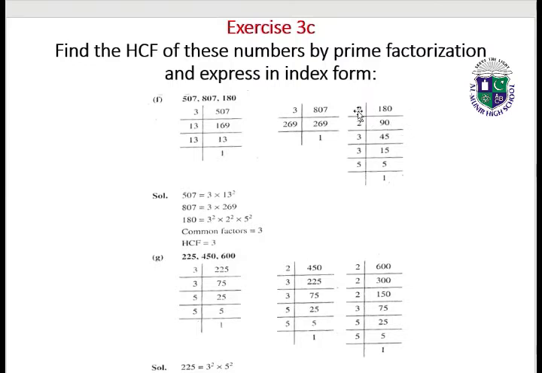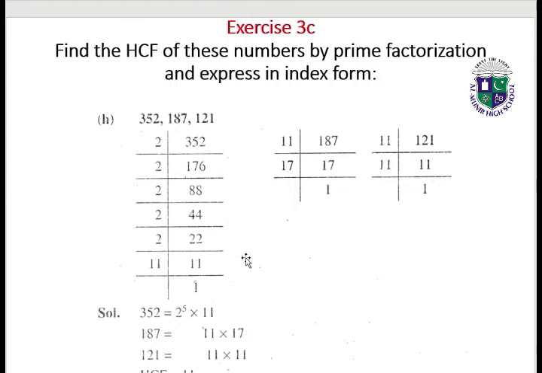Dividing 180: 2 9s are 18, 2 4s are 8, 2 5s are 10, 3 1s are 3, 3 5s are 15, 5 1s are 5. So 507 is 3 multiplied by 13 square, 807 is 3 multiplied by 269, 180 is 3 square multiplied by 2 square multiplied by 5. Common factor is 3, highest common factor equals 3.